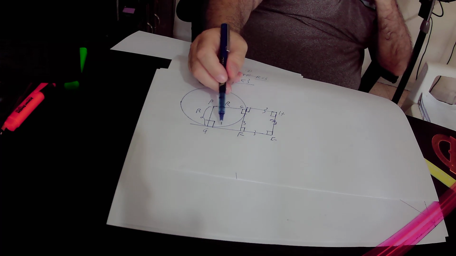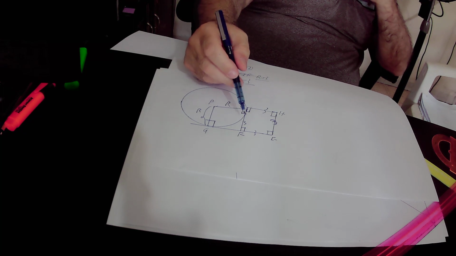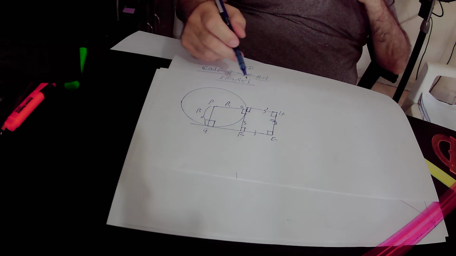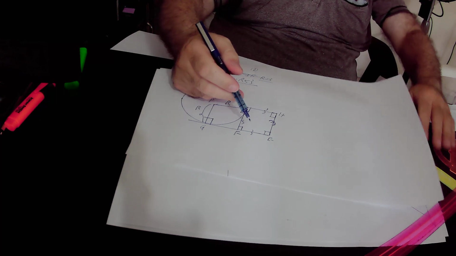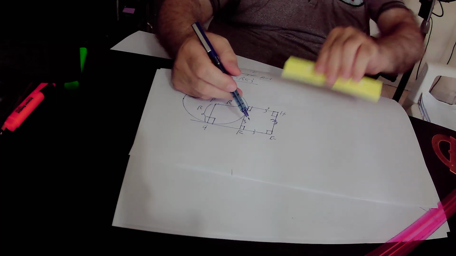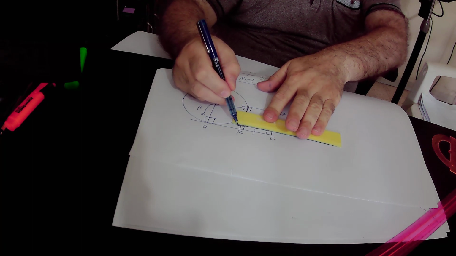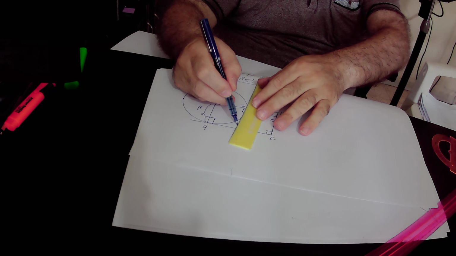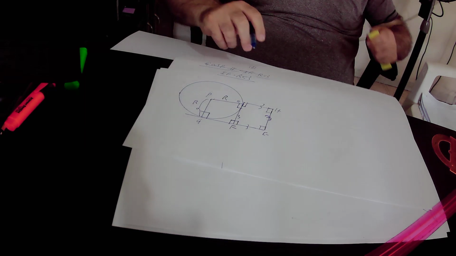So on the upper side of the straight line QE at point F, the sum of the angles must be equal to 180 degrees according to rule number 3. So this angle equals 90 degrees, so this angle must also equal 90 degrees in order to complete the sum of the angles on the upper side of QE at point F to 180 degrees.